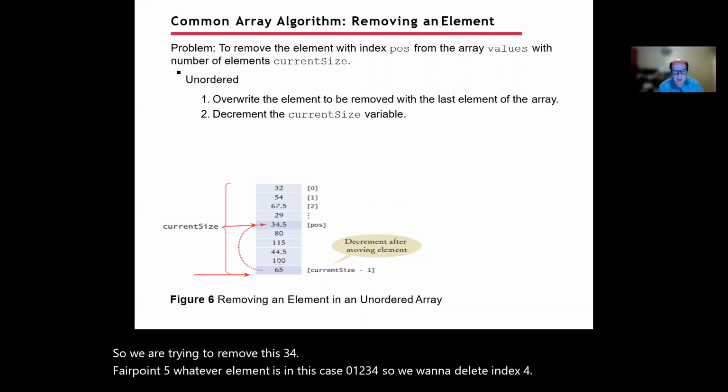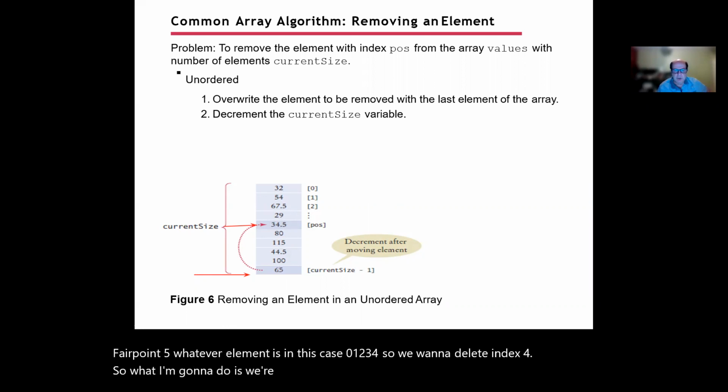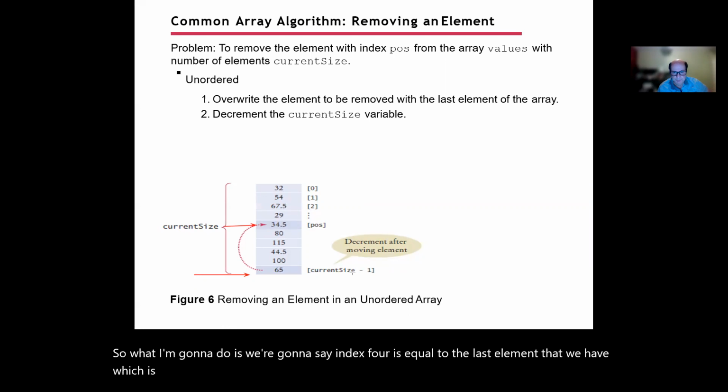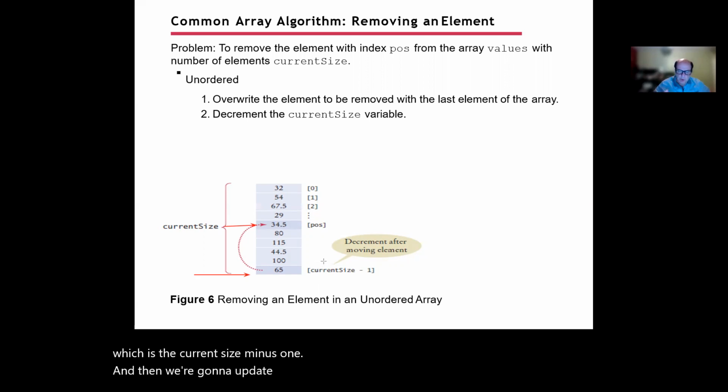We're going to say index 4 is equal to the last element that we have, which is the current size -1. And then we're going to update our current size. So even though that 65 stays in the array, our current size is going to be decremented.